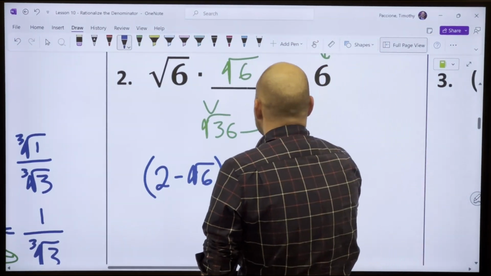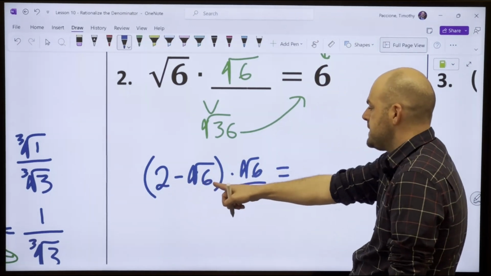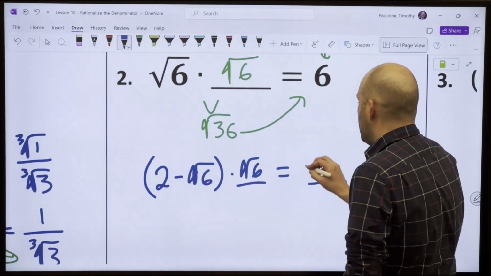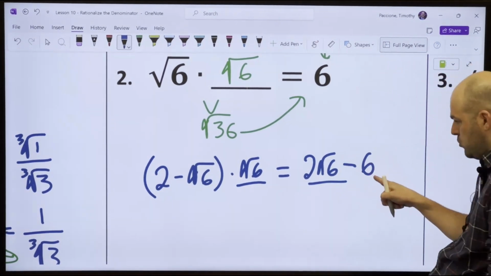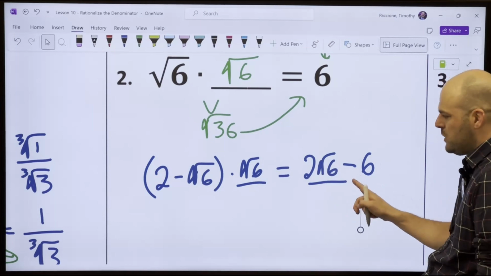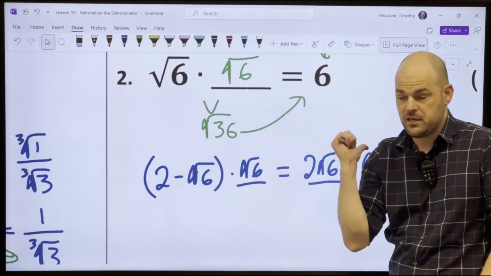But if I multiply by square root of 6 here, this would certainly cancel out and be 6, great, but I would just kind of move the square root of 6. So I need something else when I have this, and that's what the next one's about.